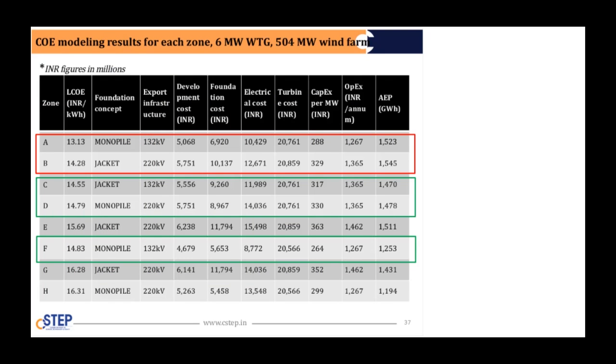This model was run for two turbine capacities, as I mentioned, 4 and 6 megawatts, and for two wind farm capacities. But we are now considering the maximum capacity, which is 504 megawatts with a 6 megawatt turbine. For the likely zones of A, B, C, and D, which are the tentative zones, we find that the levelized cost of energy is lowest for A at 13.13 rupees per kilowatt hour, 14.28 for B, and so on.